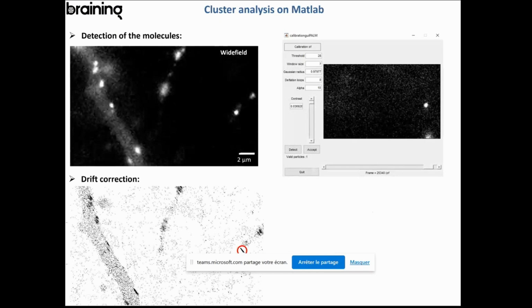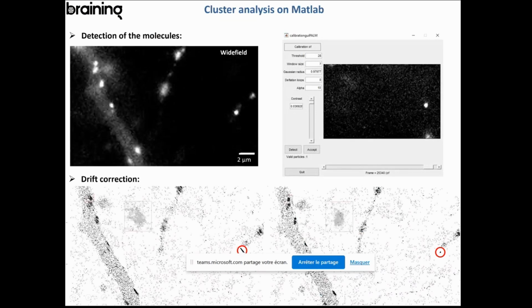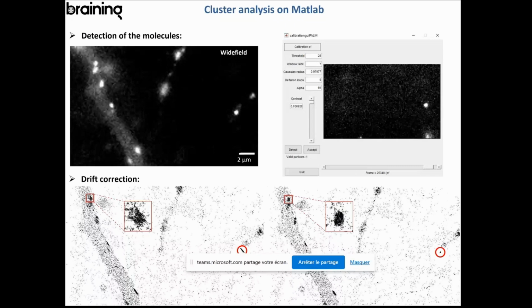We reconstruct using MATLAB software with a Gaussian fit the pointillist image. We correct the drift, okay, on this image, and then we can now have access to the nanodomains and to the organization of the receptor within the synapse.